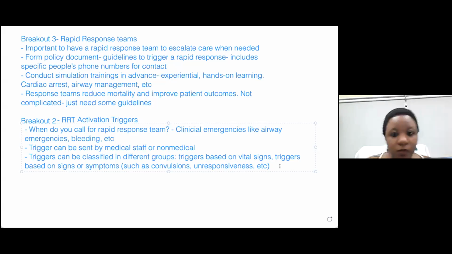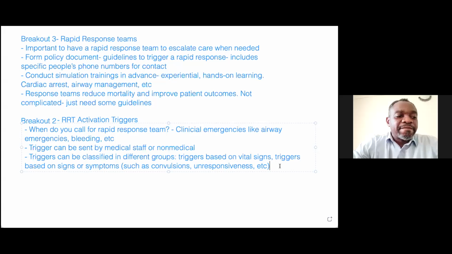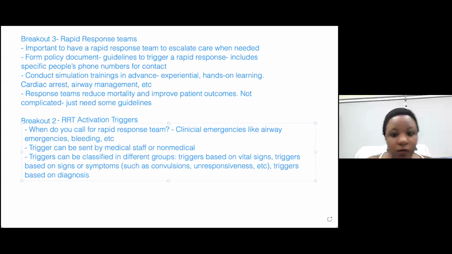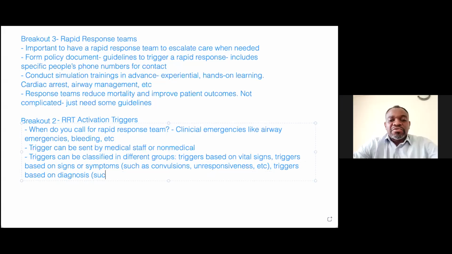The last group of conditions that we looked at, we said a trigger can be based on the diagnosis. A patient who comes with sepsis, arrhythmias, acute asthma or COPD, acute pulmonary edema, pulmonary embolism.